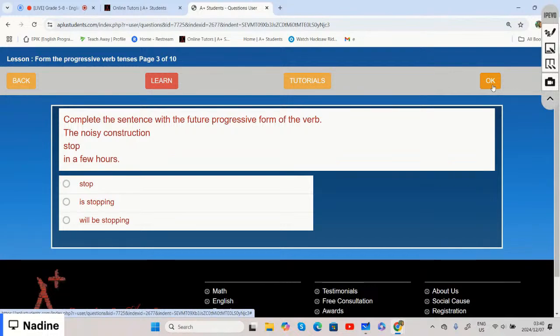Do we say the noisy construction stop, option one, in a few hours, is stopping, option two, in a few hours, or will be stopping, option three, in a few hours?